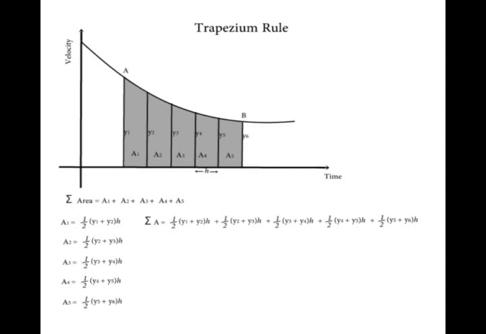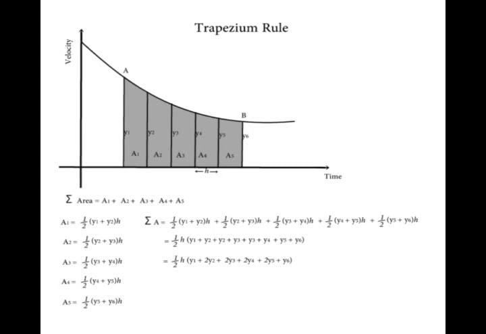We can factorize a half h. So we shall have a half h into y1 plus y2 plus y2 plus y3 plus y3 plus y4 plus y4 plus y5 plus y5 plus y6. That will give us a half h into y1 plus 2y2 plus 2y3 plus 2y4 plus 2y5 plus y6.